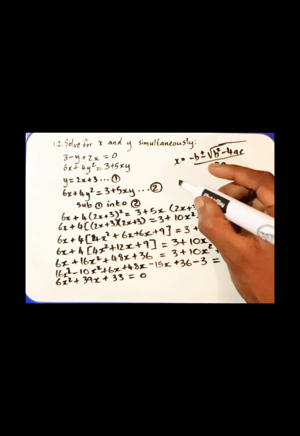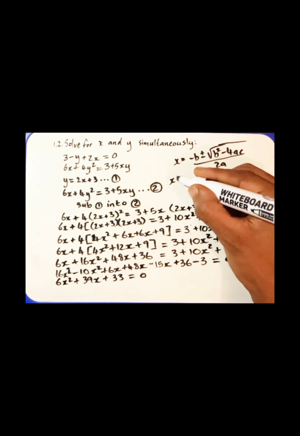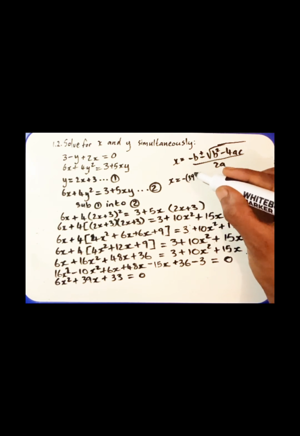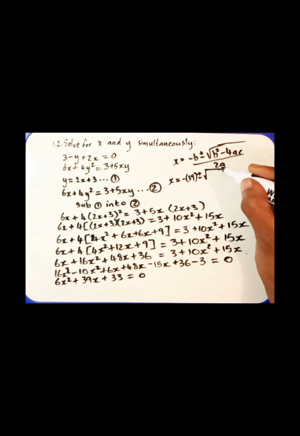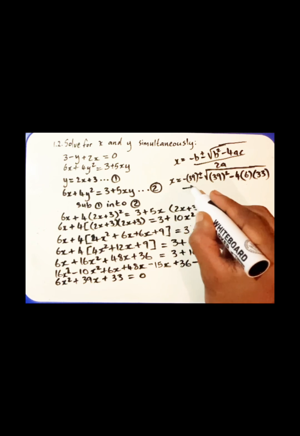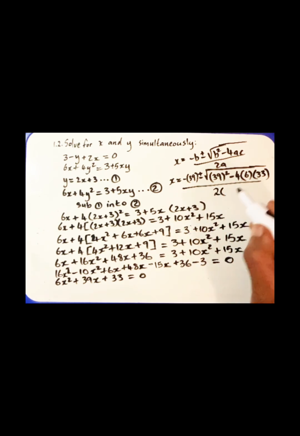Okay, now let's substitute. We have x equals, our b is 39. So we're going to have minus 39 plus or minus square root of 39 squared minus 4, our a is 6, our c is 33, over 2, our a is 6, and then we're going to punch this into the calculator.